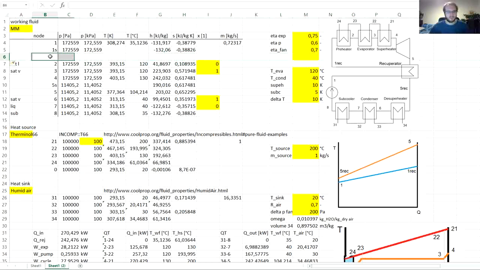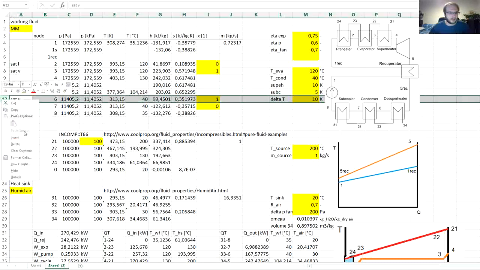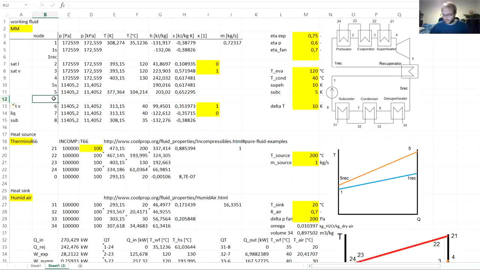Here will be 1 recuperated, and over here will be 5 recuperated. Now we don't again assume any pressure drops, so the pressure at 1 recuperated will be same as at point 1, and 5 recuperated will be same as point 5.